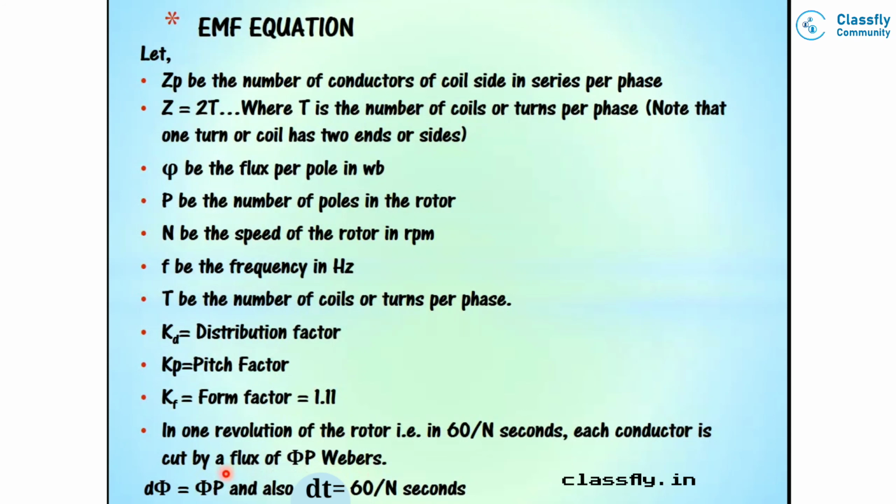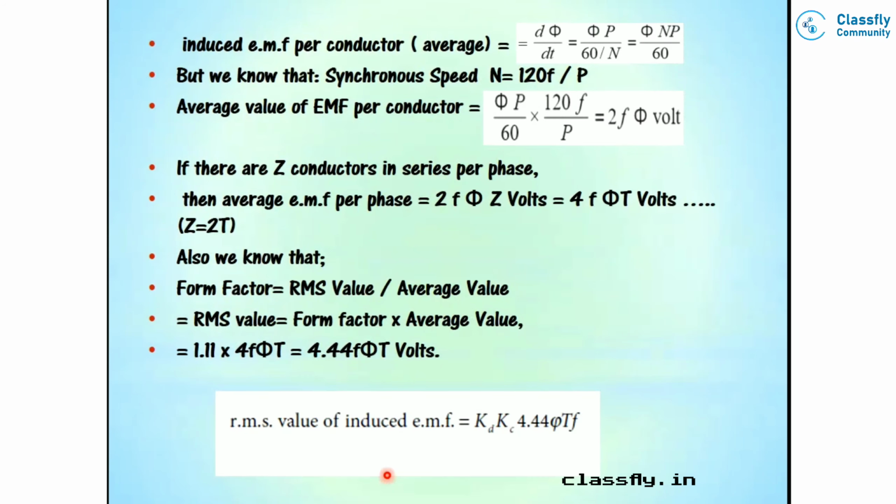That means number of poles into flux and 60 by N is one revolution of the rotor. Next, the induced EMF per conductor will be dphi by dt. So we can say phi P by 60 by N, and altogether it is phi N P by 60.